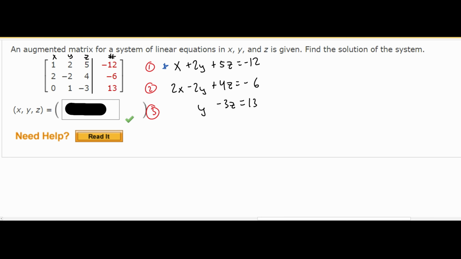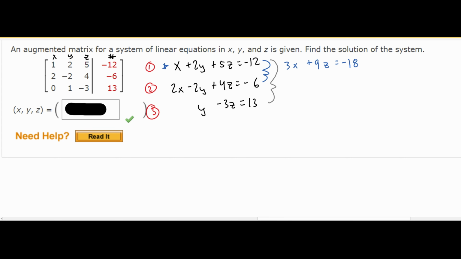So if I choose 1 as our base case, it looks like we're going to get rid of the y's. So putting these together, I'm going to have a 3x, our y is going to 0 out, and we'll just be left with a plus 9z. And this is going to be equal to a negative 18. And after this, we are going to do the bottom case where we have our 1 and our 3 added together.